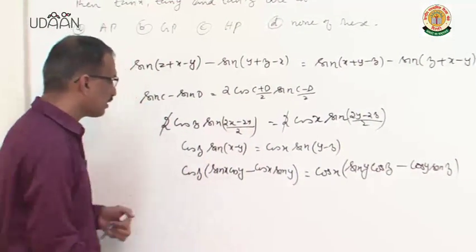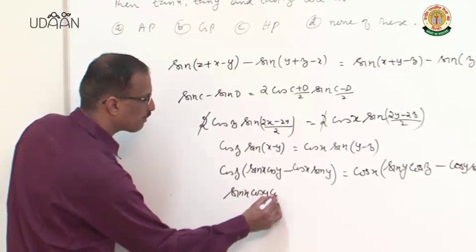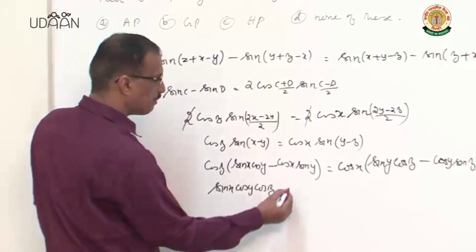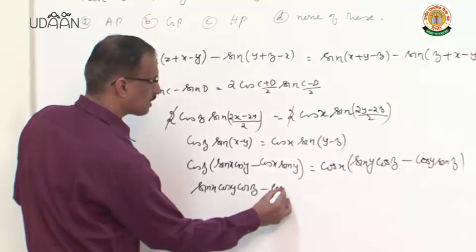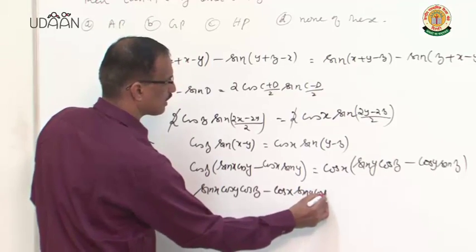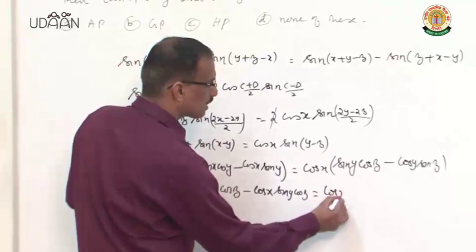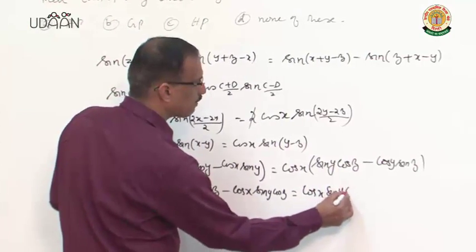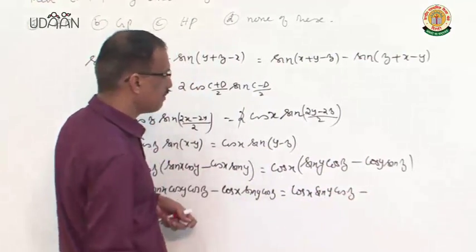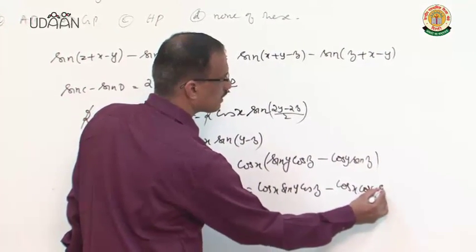Now if we expand, what do we get? sin x cos y cos z minus cos x sin y cos z equals cos x sin y cos z minus cos x cos y sin z.